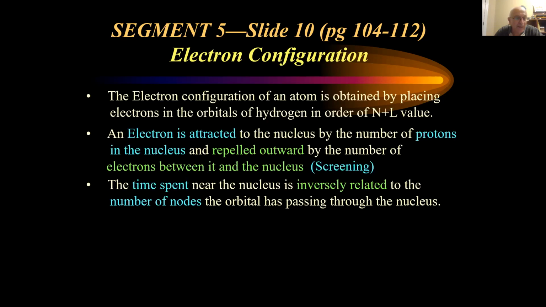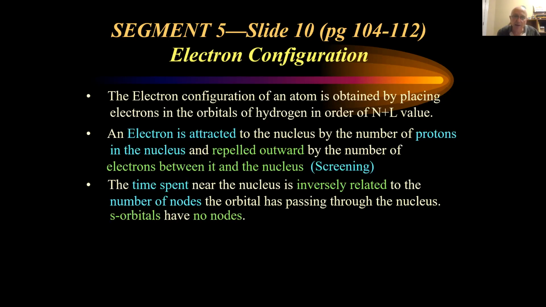But if I'm looking at a p orbital, remember the p orbital was like a dumbbell shape, and it had a node at the nucleus. Now that means the p orbital electron is forbidden to go into the nucleus. It can't get in there. And so it can get close and it can experience the charge, but when it has a node in there, it's not going to be affected by the nuclear charge as much as, say, it would be in an s orbital.